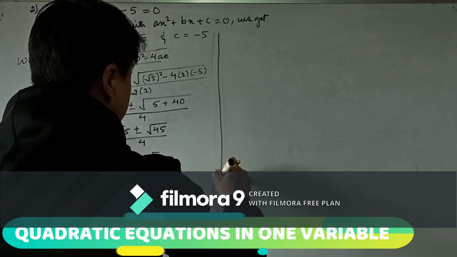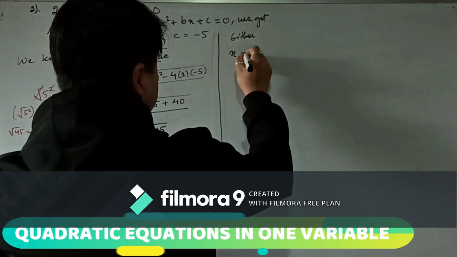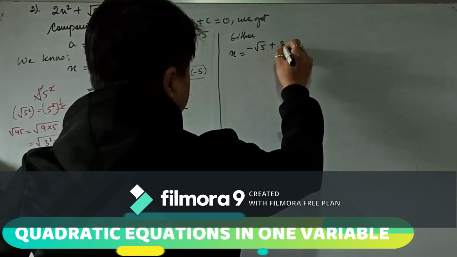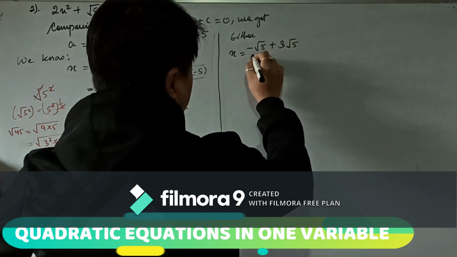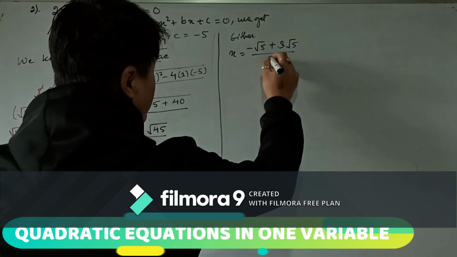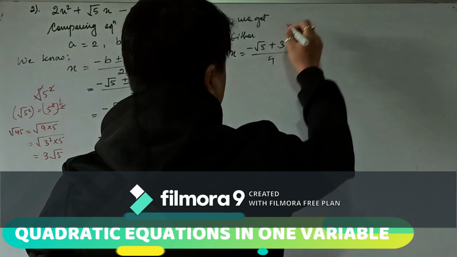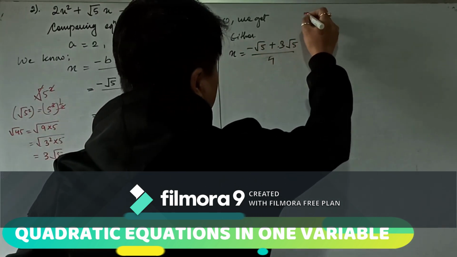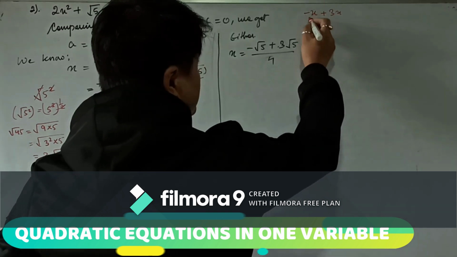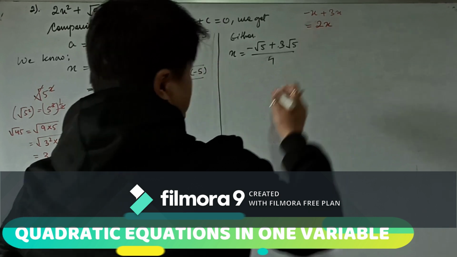Now we can write either x is equals to minus root under 5 plus 3 root under 5 whole divided by 2. Sorry, whole divided by 4. Okay, so here if you see this, if I have from here this value, if I have minus x plus 3x, plus into minus minus, so that means 3 is greater than x.